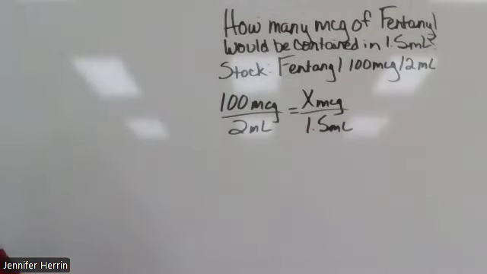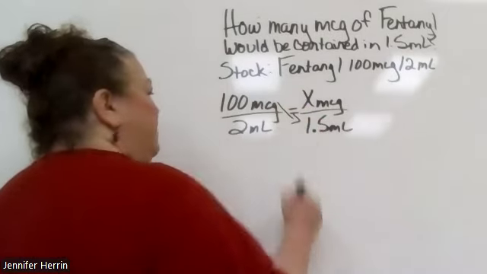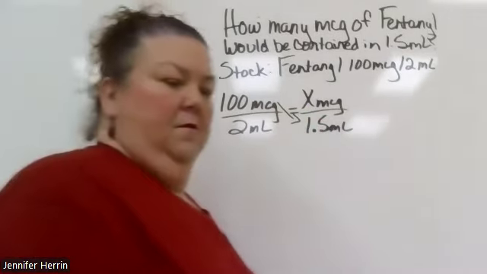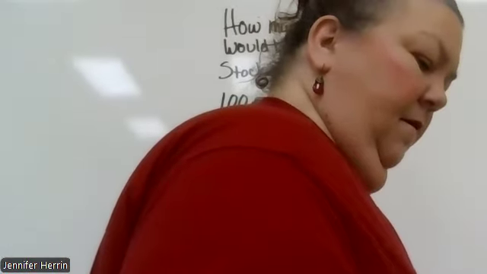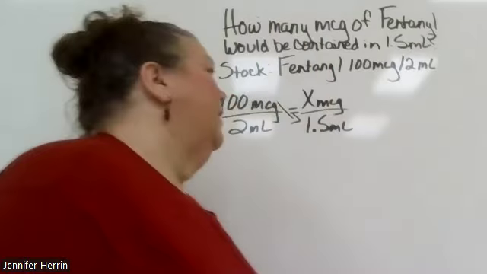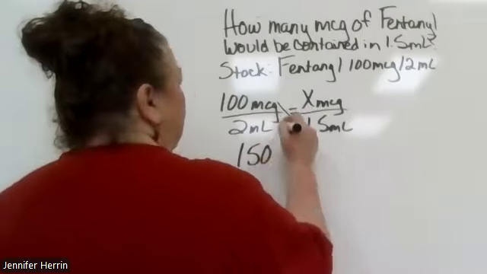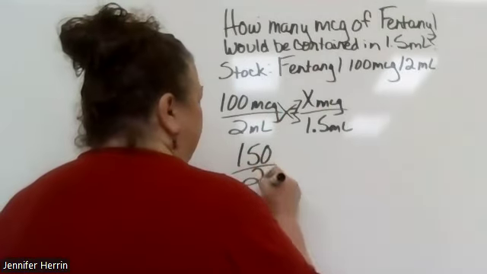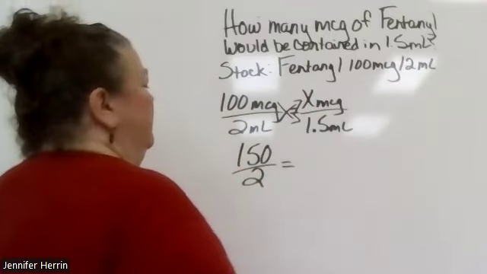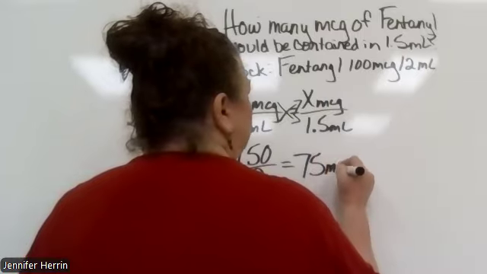So we will cross multiply 100 times 1.5. I get 150. And when I cross multiply the other direction, I'm going to get 2x, which means I need to divide this by 2. 150 divided by 2 is 75.